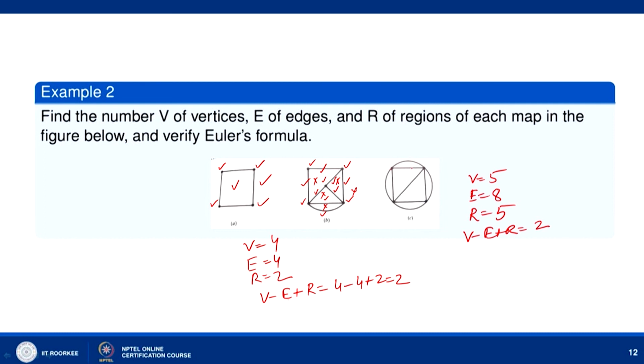We have 1, 2, 3, 4, V equals 4 in part C, and we have E equal to 1, 2, 3, 4, 5, 6, 7, 8, 9. 9 edges are there, and regions are 1, 2, 3, 4, 5, 6 and 1 outside, 7. So, we get V minus E plus R equals 2. So, this also verifies Euler's formula.